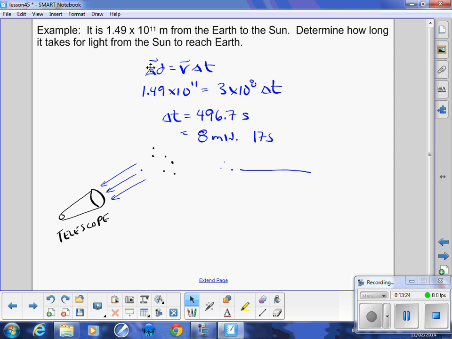Similarly, in a worst catastrophic approach, if we look at our sun, it'll be 8 minutes before we realize the sun has actually been blown up or destroyed or stolen or whatever happens in the future. But it'll be an 8-minute delay before we're aware of the catastrophe. So even though light is very, very fast, there's still an immense amount of distance that needs to be traveled when we're talking about the solar system.